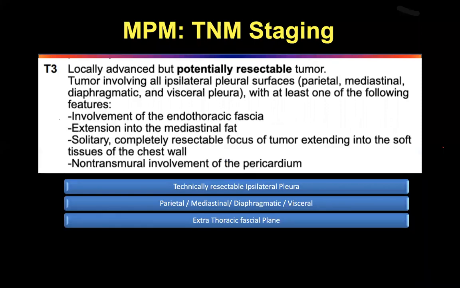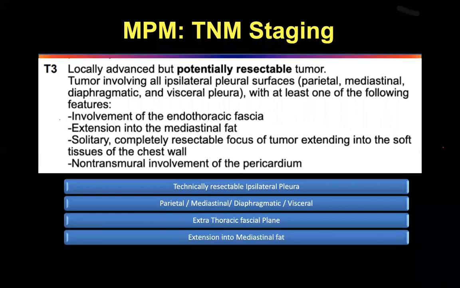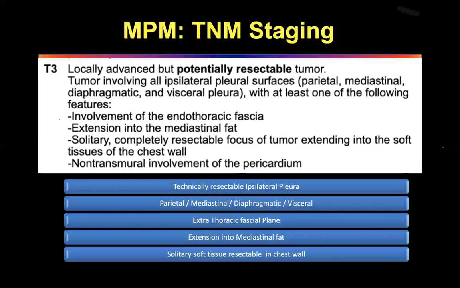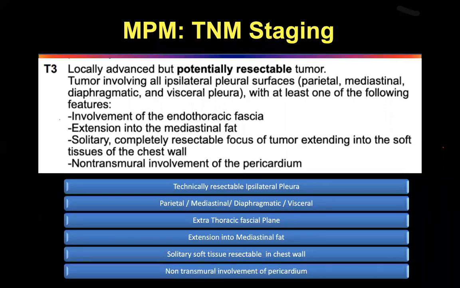It has gone into the extrathoracic fascial plane, or into the mediastinal fat, or there is a solitary soft tissue nodule in the chest wall, or there is involvement of the pericardium, but only the outer lining of the pericardium on the mediastinal side. It has not yet gone through the pericardium.